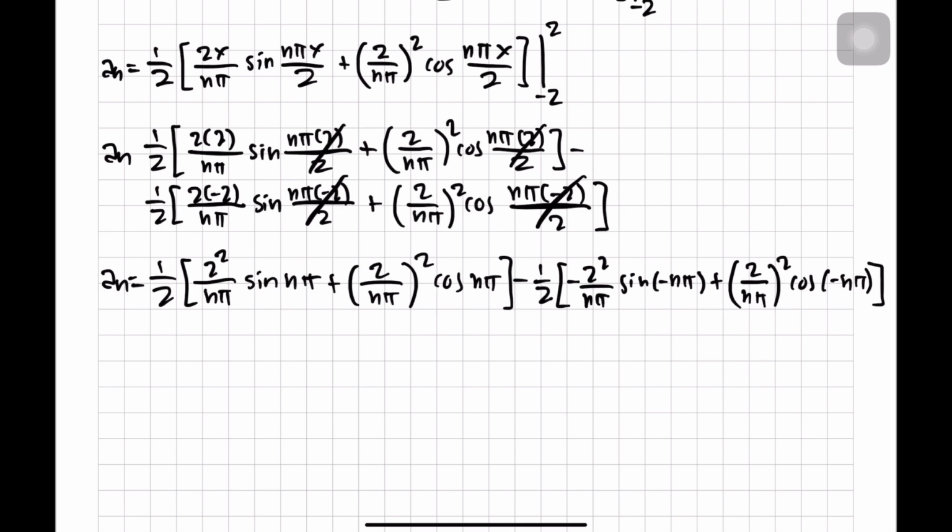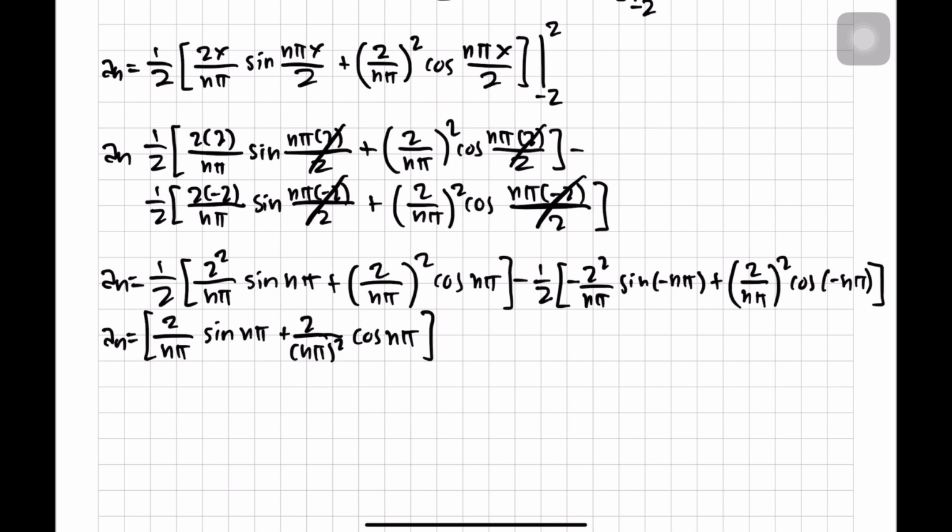Okay, so we have this. Next we're just going to simplify it further. We put the 1/2 inside, so that's 4 divided by 2, which is 2, so it's basically 2/(n pi) times the brackets with sine(n pi). That's 2 times 2 squared for both, so that's 4, and then we divide it by 2. We're left with 2/(n pi squared) and copy cosine(n pi).